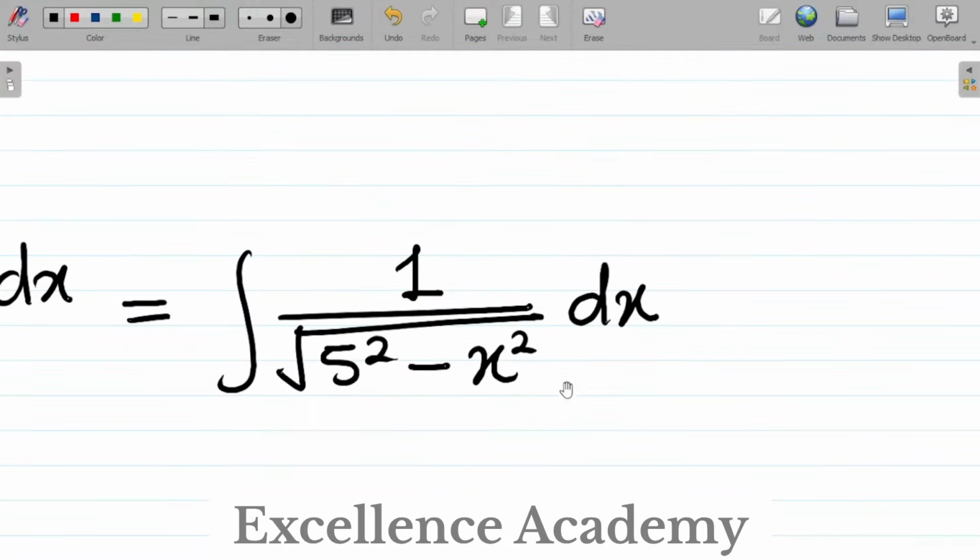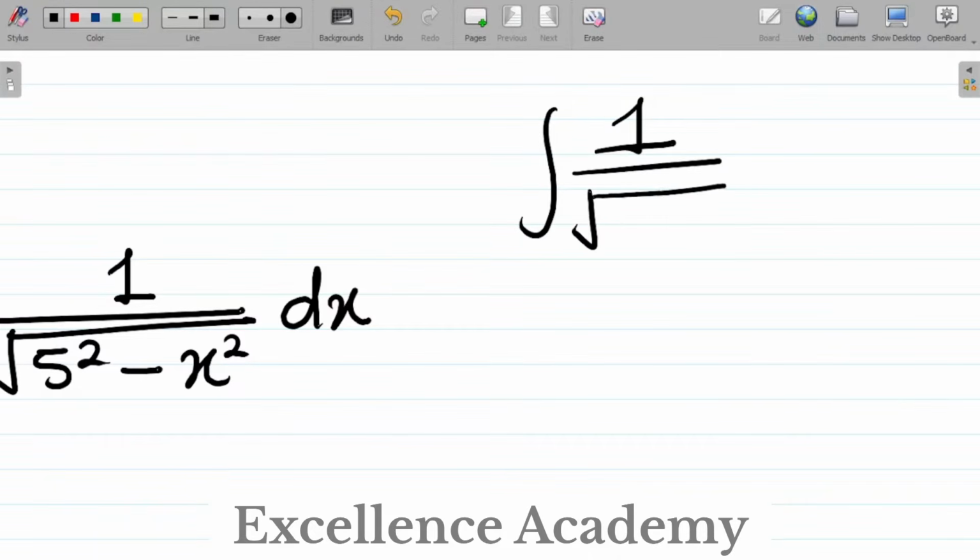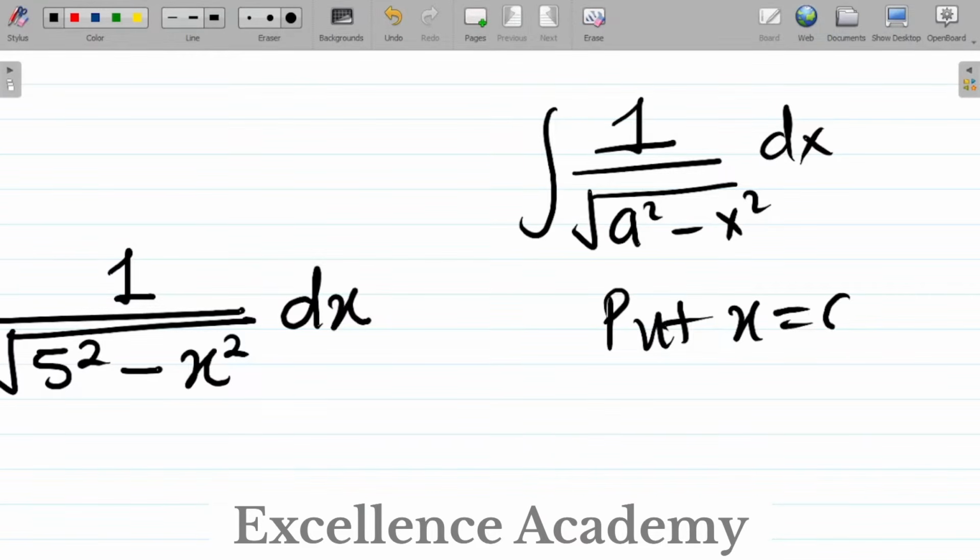Again, for an integral of the form integral of 1 all over root a squared minus x squared dx, you are to put x equal to a sine u. That's how you solve an integral of this form.